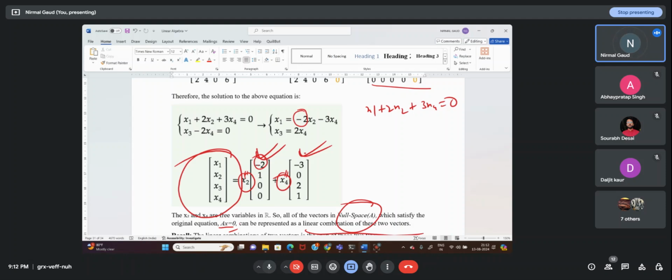Where did I get this 1? Do you have anything related to this one, so that I can multiply with x2? Instead I am having x4, which has minus 3, so minus 3x4 is there, and 2x4 also, and one more x4 in multiplication.